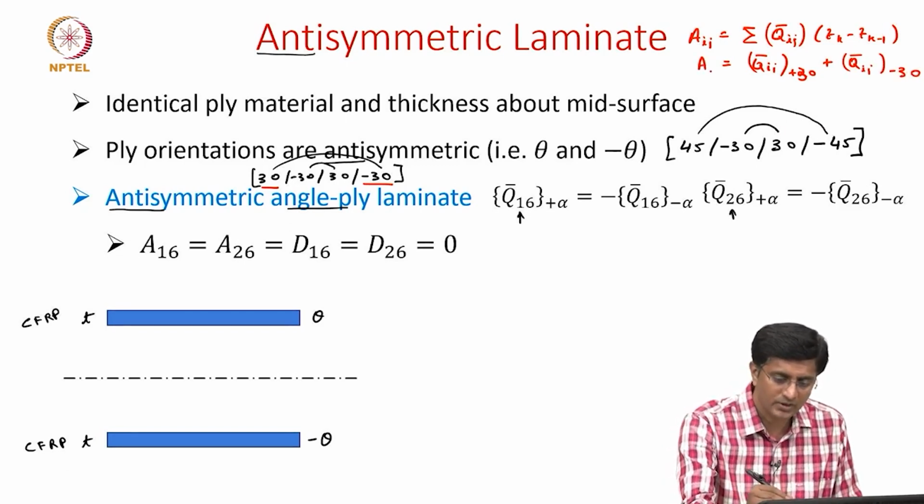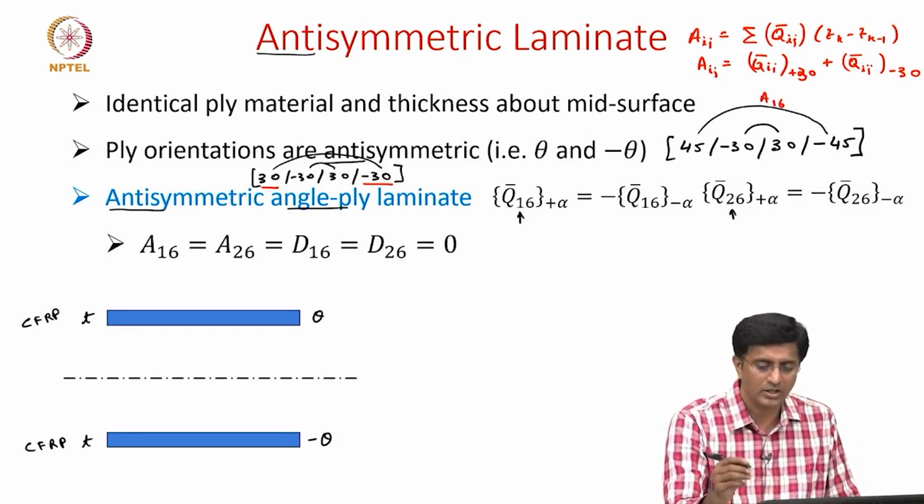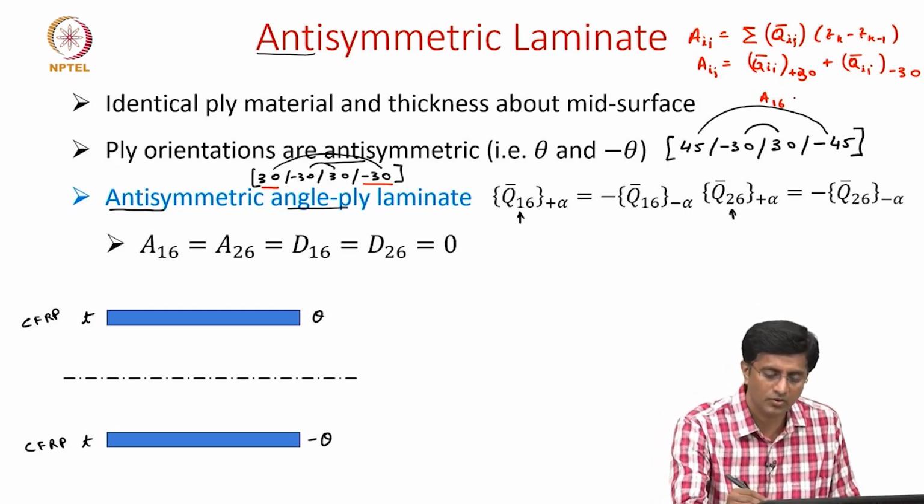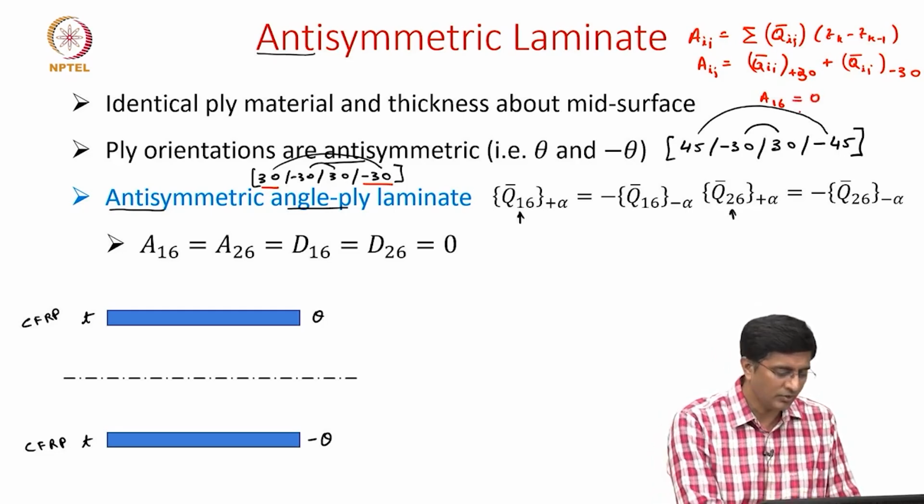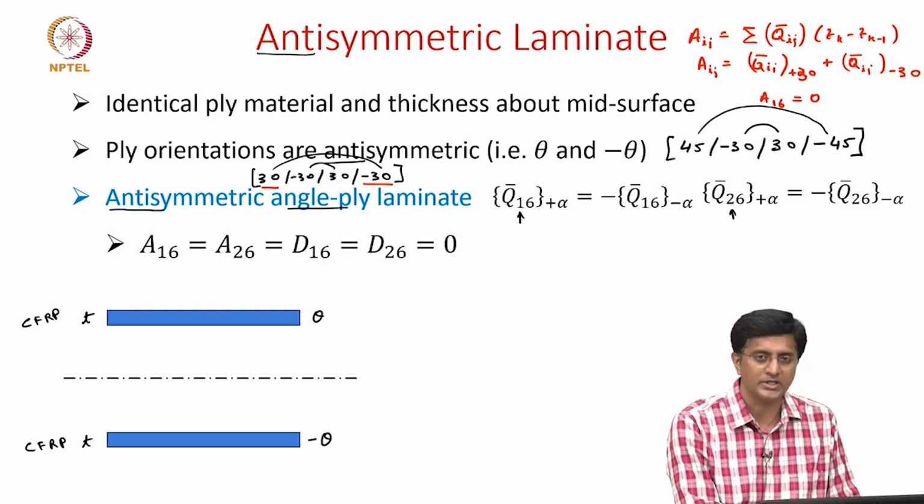So this is for Aij. But if we are focusing only on A16, we notice that these two values are equal and opposite, meaning they will go to 0. Similarly, we can show it for A26 as well.